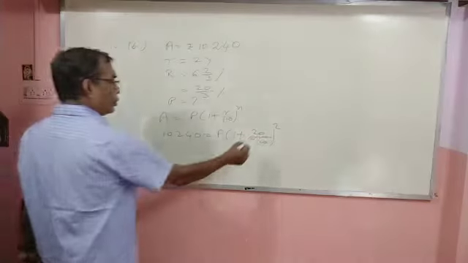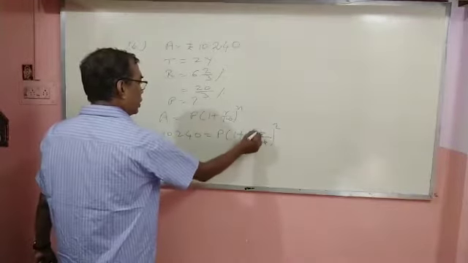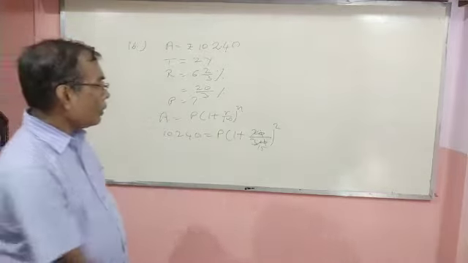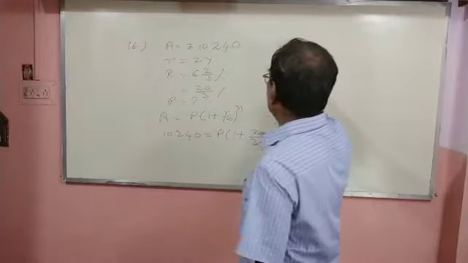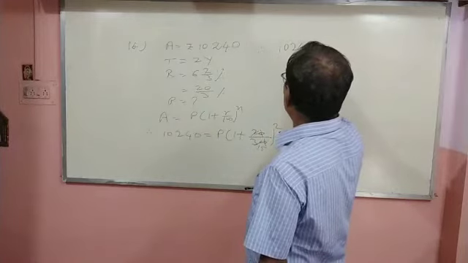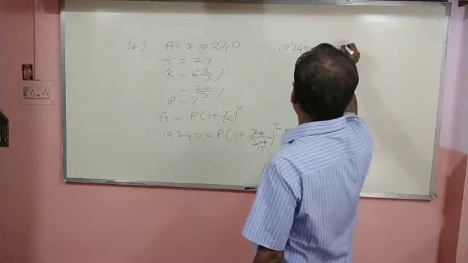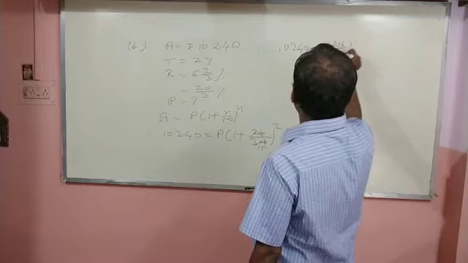This 0 0 supposed to be cancelled. 2 15s are 30. So therefore, 10240 is equal to P into 15 plus 1 is 16 by 15 whole square.